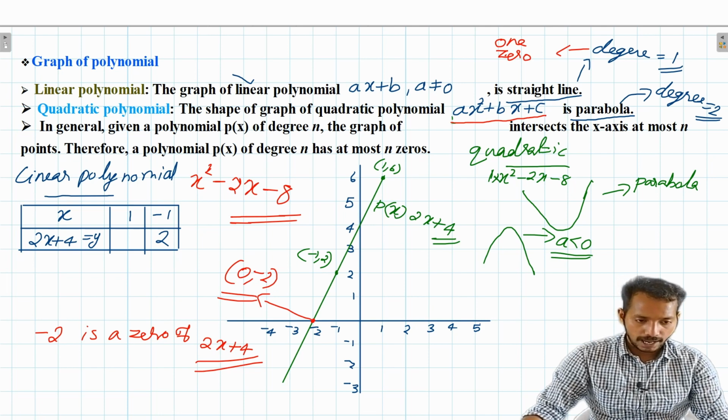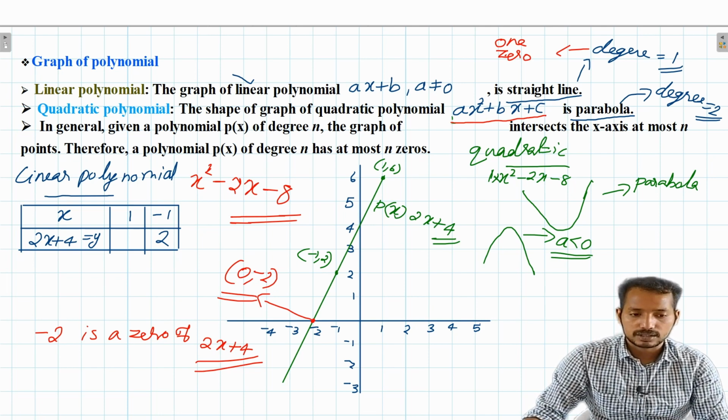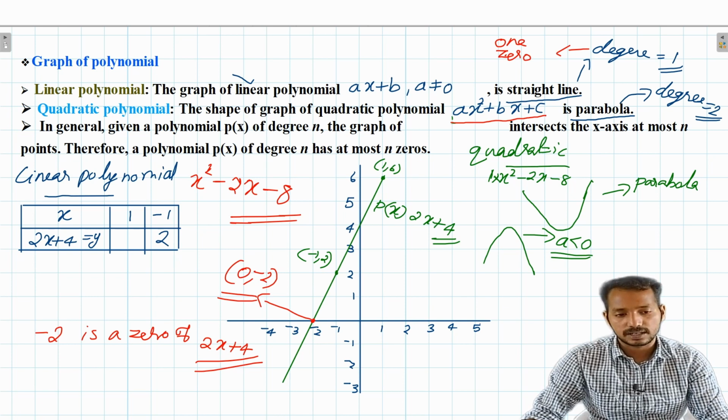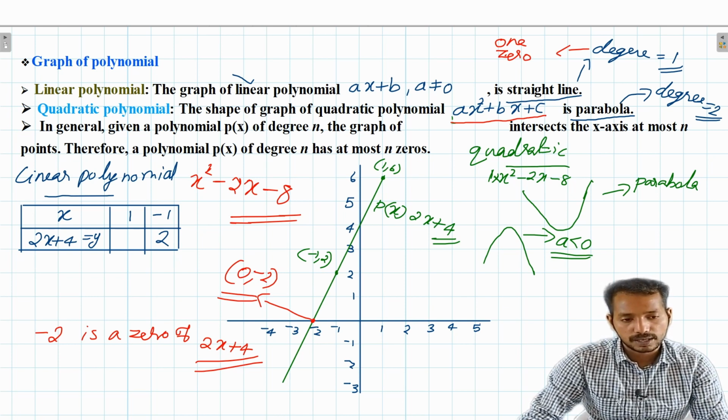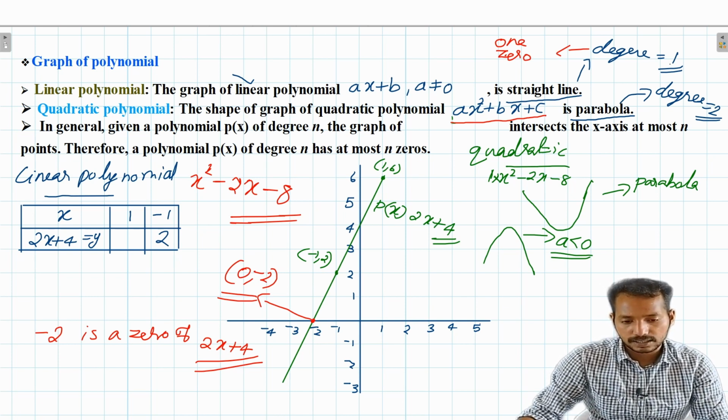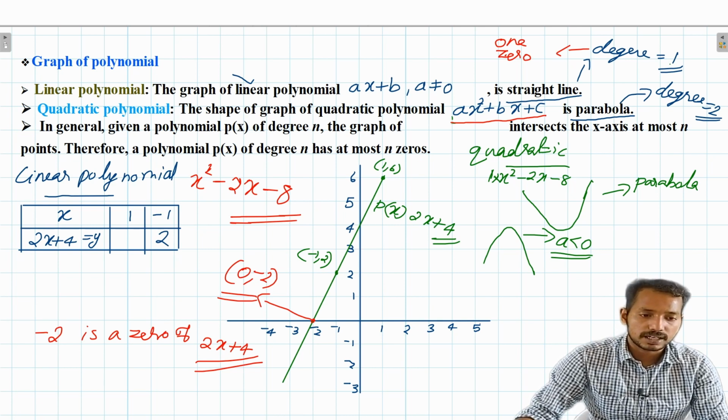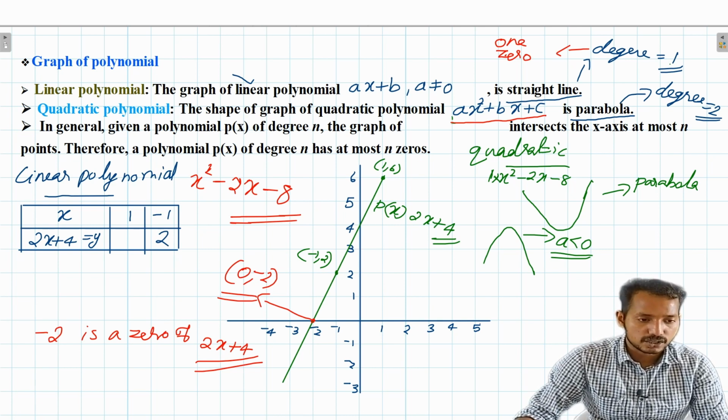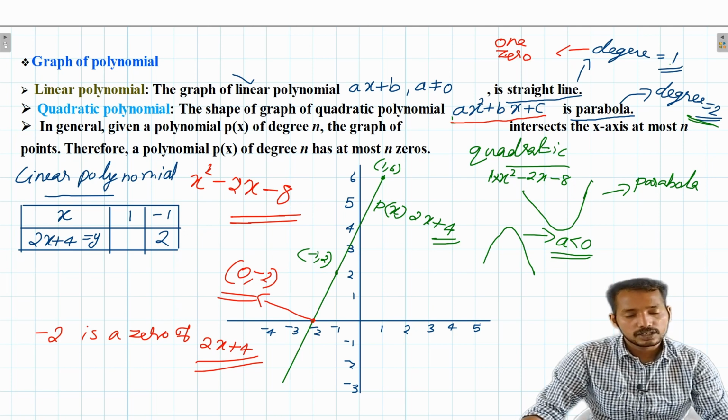And it intersects at 2 points on the x-axis. That is also what we noticed. So in case of a linear polynomial, the degree is 1, because of that it intersects at 1 point. In case of a quadratic polynomial, its degree is 2 and it intersects at 2 points.